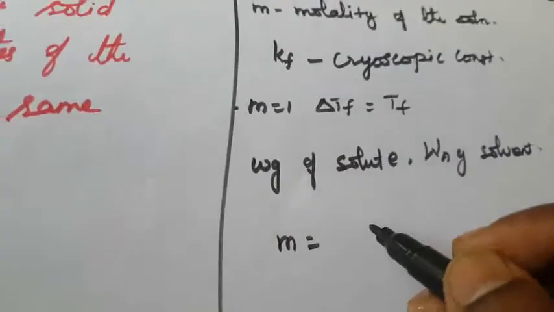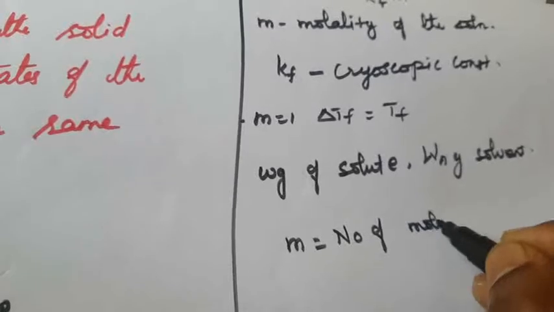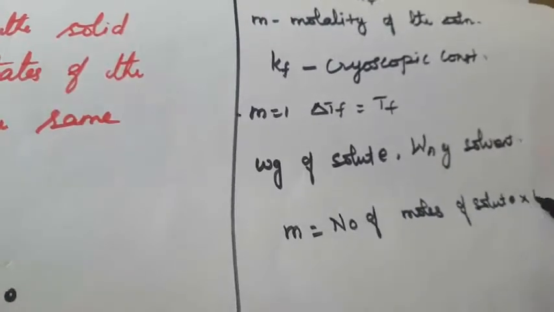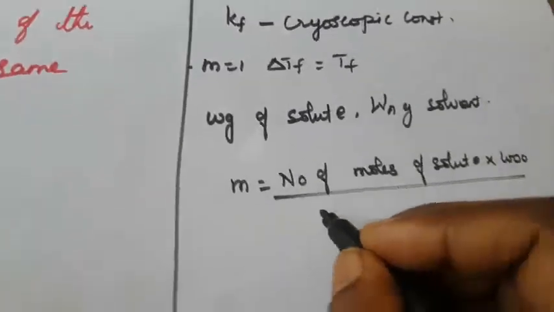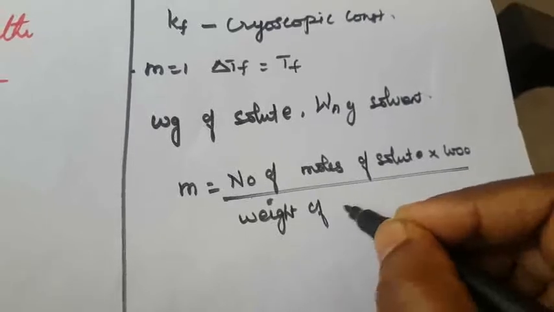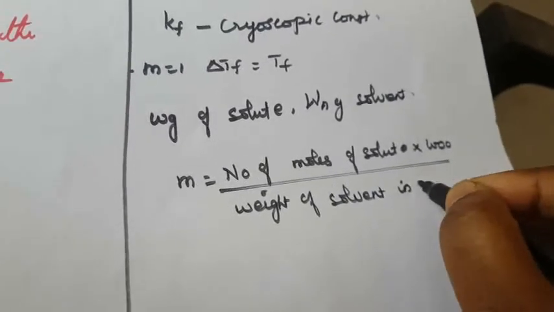We already studied it. Molality is the number of moles of solute into 1000 divided by the weight of the solvent in gram.